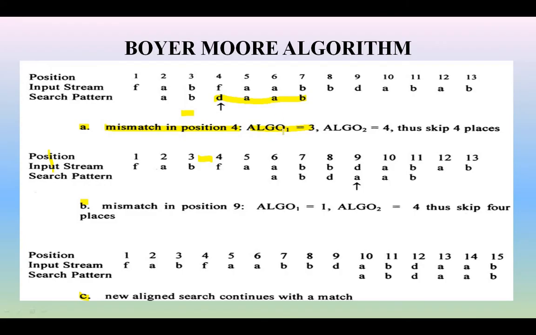So algo 3 is 3 positions. At the fourth position the mismatch occurred, that is 4. From the mismatch, how many positions in the next step are you going to move? That is 3, that is 6. So counting from the 4, that is the third position, that is algo 3, and algo 4 is nothing but left to right to left, it is the fourth position you have noted.